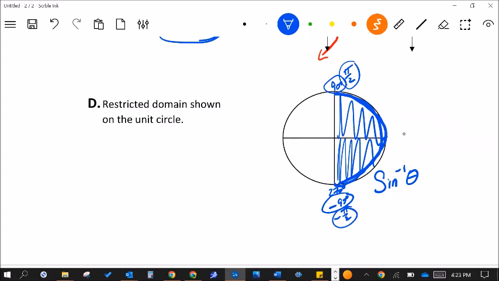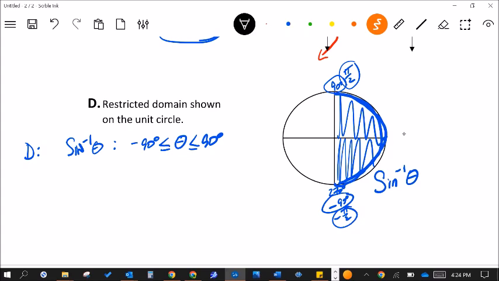So we would say the domain of sine minus 1 of theta is from negative 90 degrees less than or equal to theta, less than or equal to 90. Oh, I don't know why I'm putting 180, because I'm putting the next one.